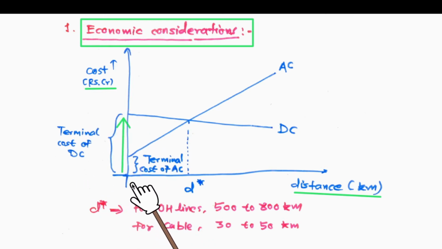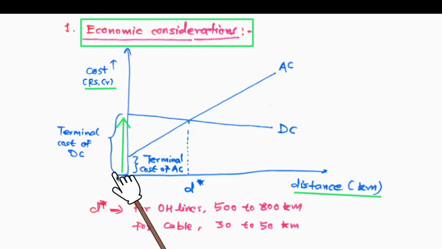Let us say we want to generate a HVDC within a premises and don't transmit it over a distance. Still, cost comparison between AC and DC is visible here. Okay, so terminal cost of DC is higher because of use of rectifier, inverter, rectifier transformer, inverter transformer, and so on, along with the filters and other elements.